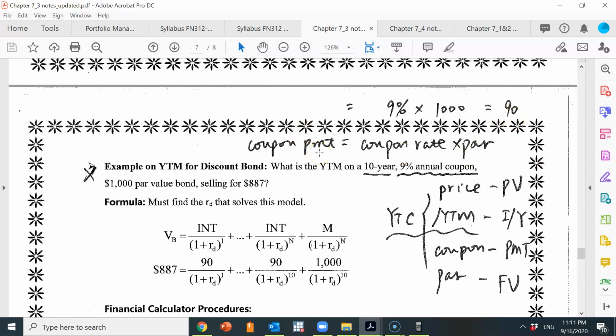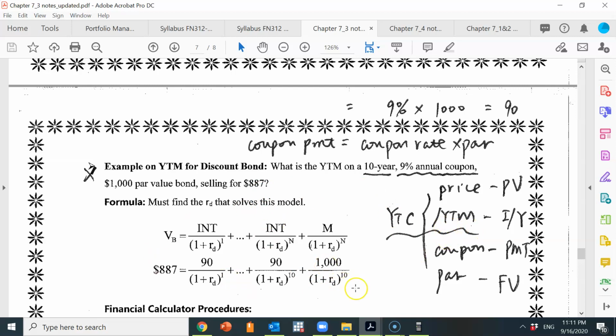And we will have this $90 for 10 years. So we discount 10 90s. For the last 1,000, we also discount by using 1 plus RD to the power of 10. And again, for this RD we're solving for, we're calling it yield to maturity here.